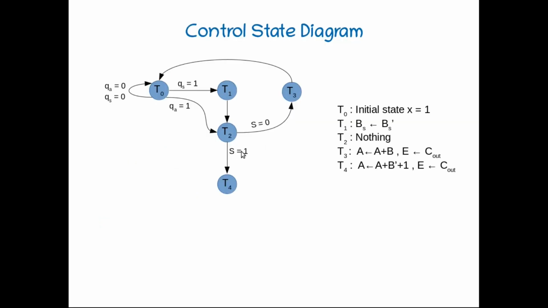So if S is equal to 1, that is, the signs are different, then go to another state T4. In T4, the operations to be performed are A is equal to A plus B bar plus 1, E is equal to C out. This is actually the A minus B operation.